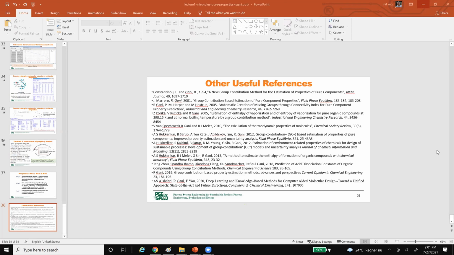Any other question? One question is, does this methodology involve the chirality of the molecules? That depends on the descriptors.